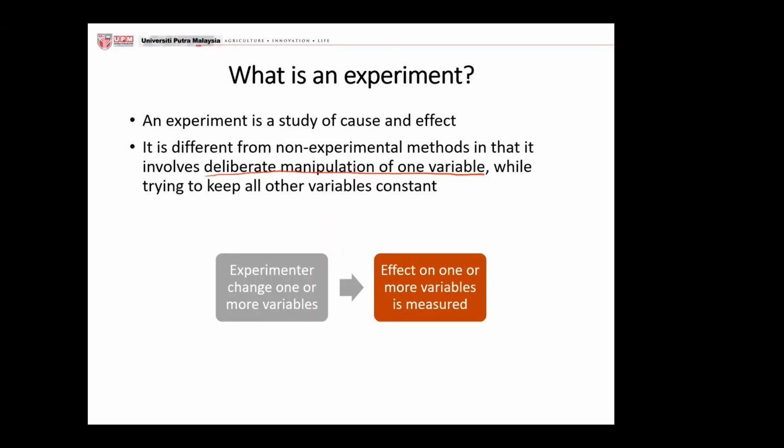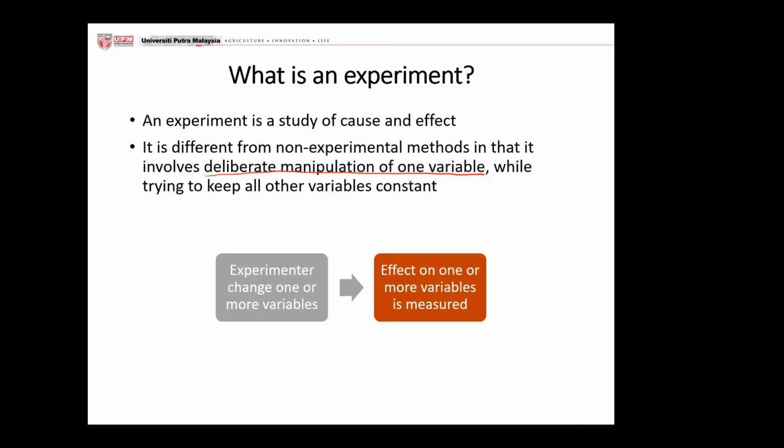Maybe we expose some of our samples to smoking, some not. That means you are manipulating something. Whereas if it's non-experimental, as just now, you cannot manipulate anymore because the effect is already there. So that's the major difference.